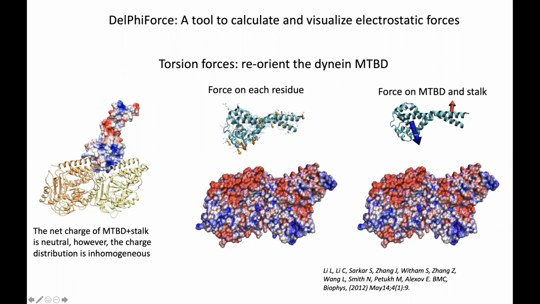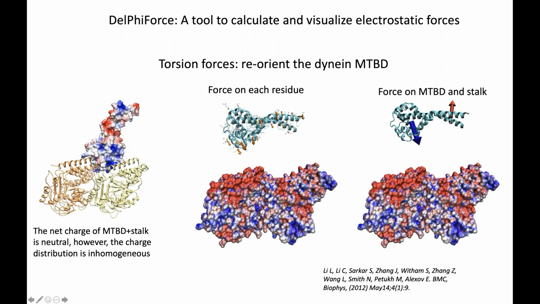If you combine the forces on the head and also combine the forces on the tail, let's say, you will get two net forces. This is the net force on the head. This is the net force on the tail. So these two forces will form a torque.